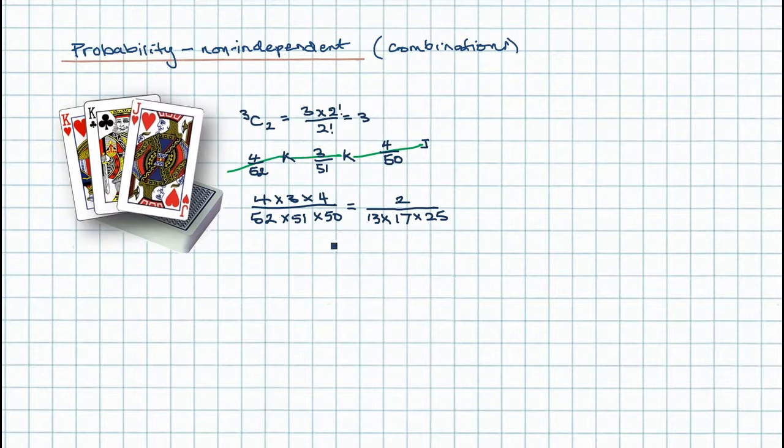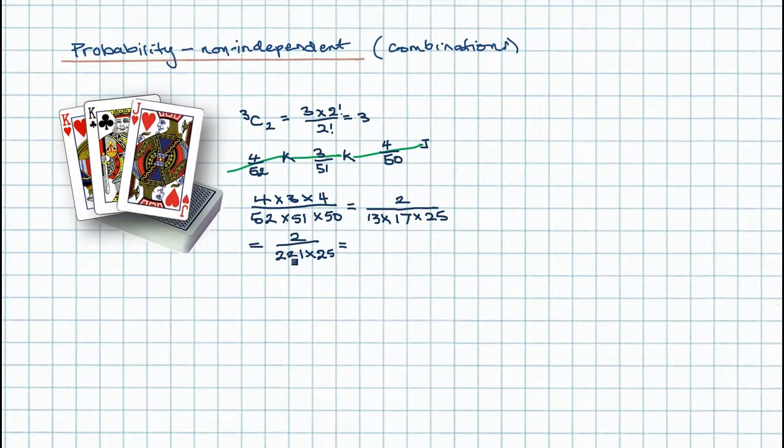Saving a bit of space here because we're going to need the space for the check that we're going to do in just a moment. Okay, so now I've got 2 out of 13 times 17. Well, that's 221 times 25. And whenever I've got a 25, I like to simplify that by multiplying that by 4.